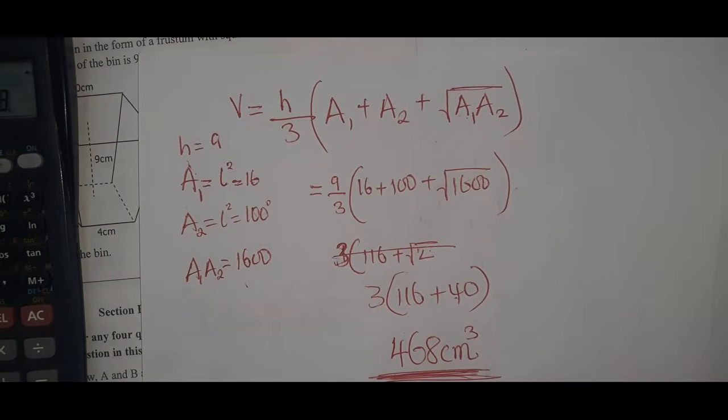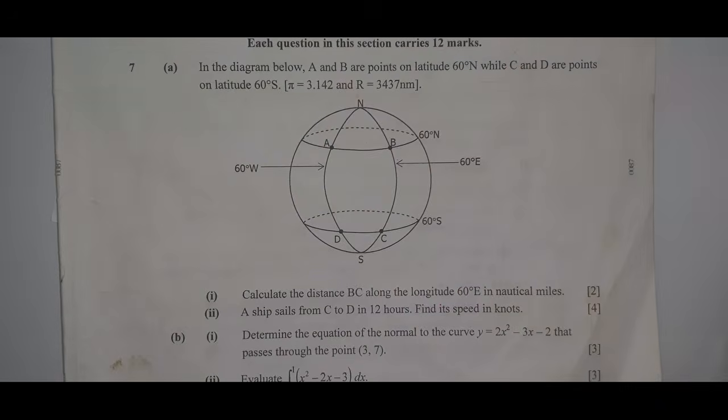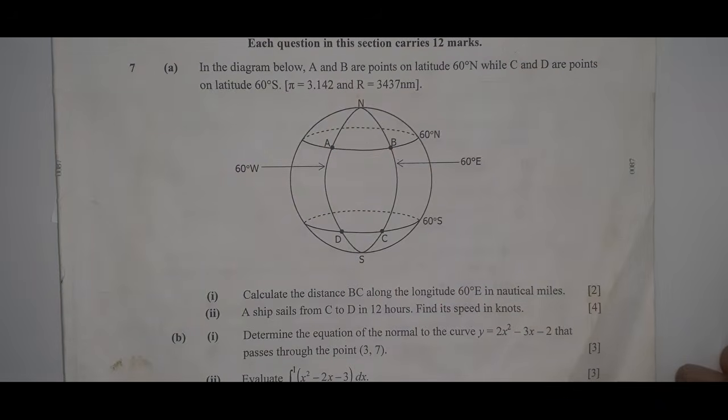So we go to the next question. Question 7, that is. Okay, so we come to question 7a. In the diagram below, A and B are points on latitude 60 degrees north, while C and D are points on latitude 60 degrees south.